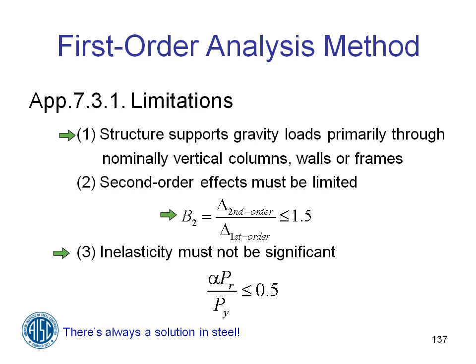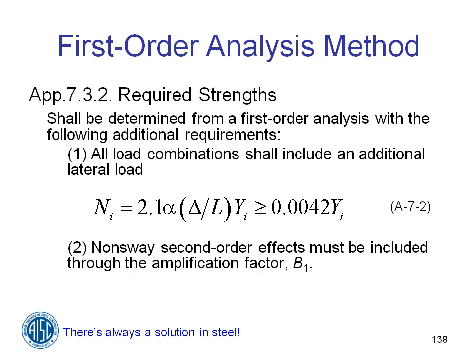It's the stiffness reduction factor. In the 2005 specification, it was given as tau sub a, but it's now tau sub b. We use the same value for all of these methods. So that limit was not there in the effective length method, but it is there in the first order analysis method.